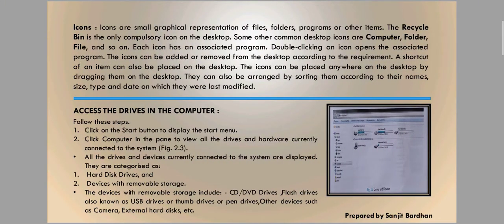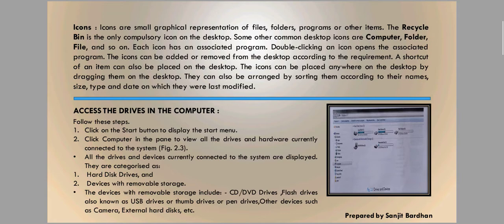Next thing is icons. Icon is a very important thing. Icons are the small graphical representation of files, folders, programs or other items. That means when we install any program in the computer, this program has a shortcut. This is called an icon, a folder shortcut, any file shortcut.